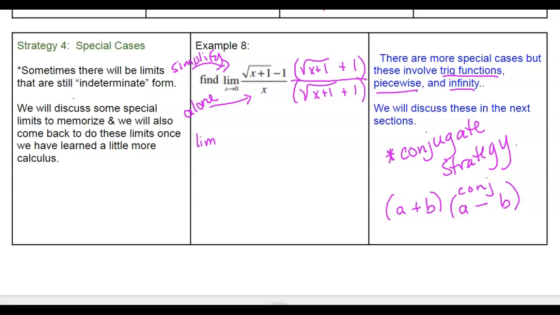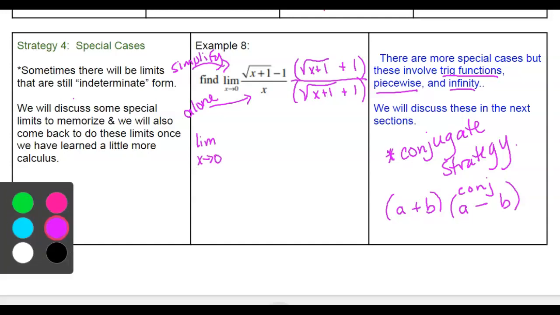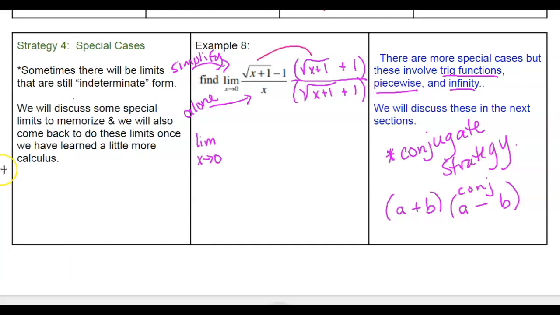So I still have my limit. I'm going to put it here so we don't forget. So remember, a root times a root cancel, and you just get what's inside. That times that. This times that. And negative 1 times 1. All over, we're going to leave this in factored form, always.